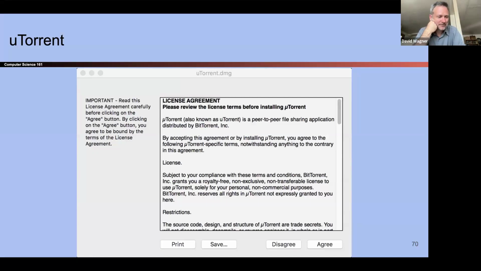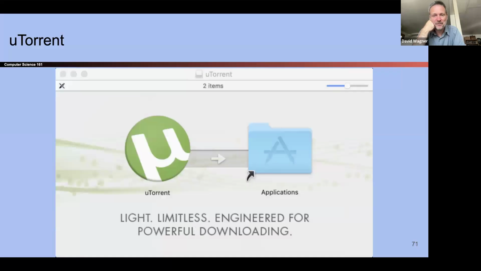Okay, if you want to find music, it was really handy, especially if you didn't want to pay for it. To install this application, you go to some website, you download the program, and then if you use a Mac, you're probably familiar with this. You'd install it by basically copying it into your applications folder.